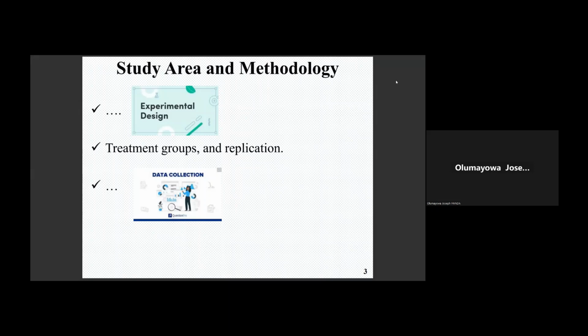Physiological measurements were taken on nutrient uptake, physiological efficiencies, and nutrient efficiencies. The data were analyzed using GenStat and subjected to analysis of variance to separate the means at a significance level of 5%.